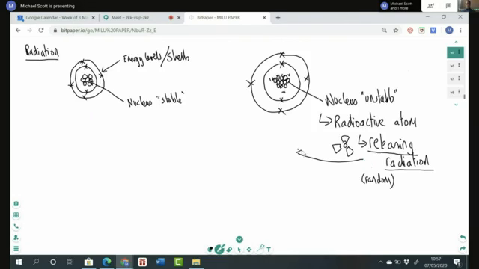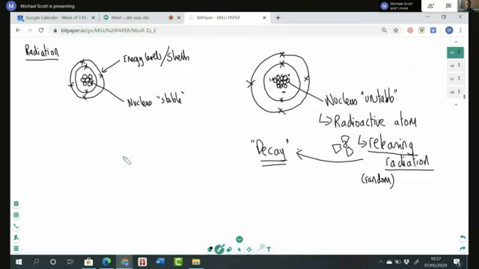And that key word is decay. So if I was to use that word in a sentence, I would say that radioactive atoms have an unstable nucleus. To become stable, they release radiation, and this is called decay. Now remember that this process is random.